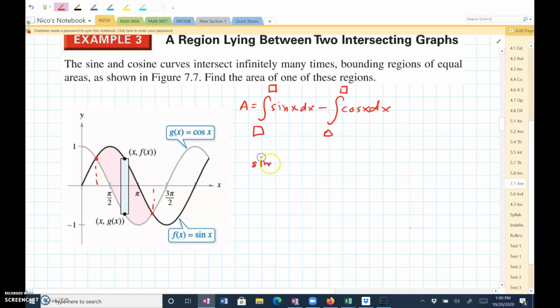So first of all, let's do sine of x equals cosine x. We could divide both sides by cosine x, so this is going to be tangent of x equals 1. The inverse tangent of 1 equals x.